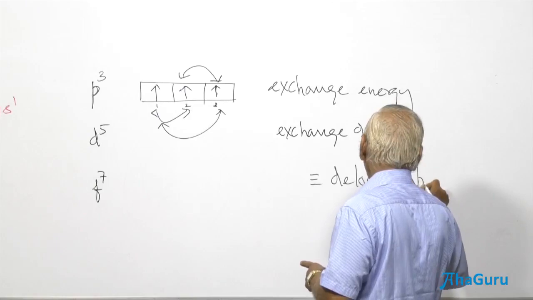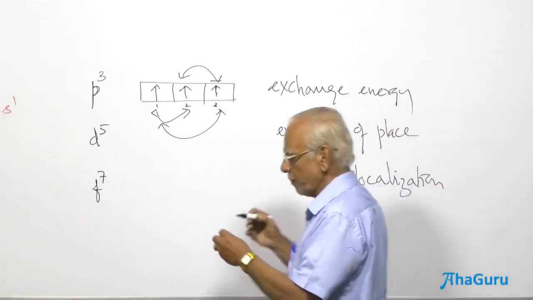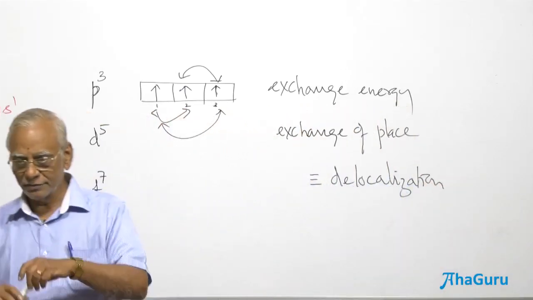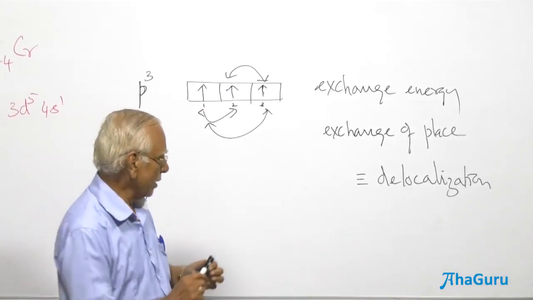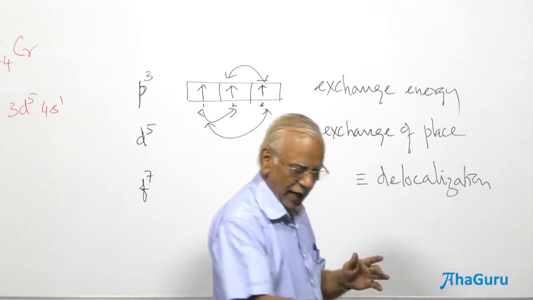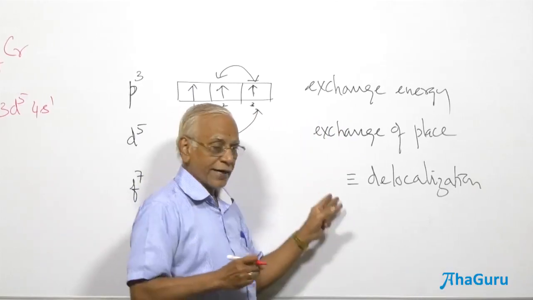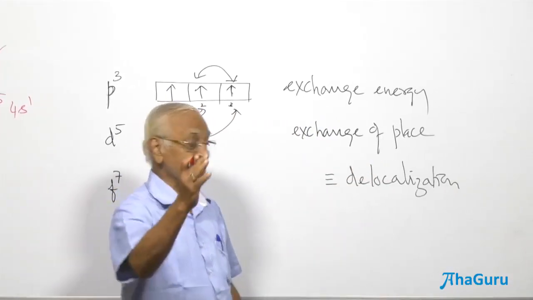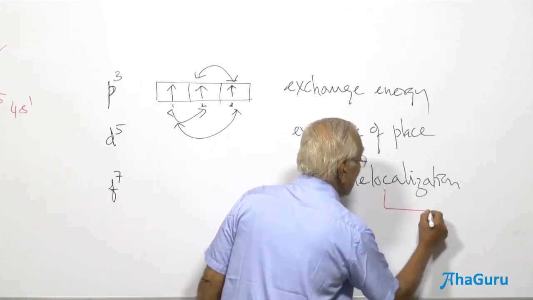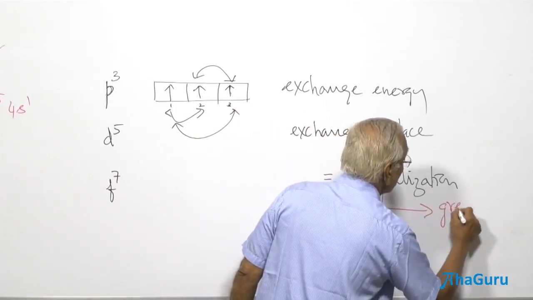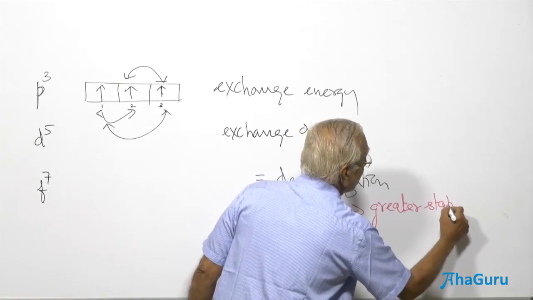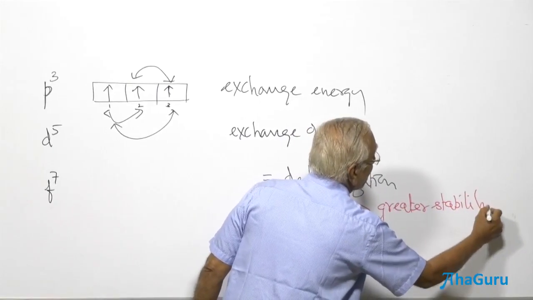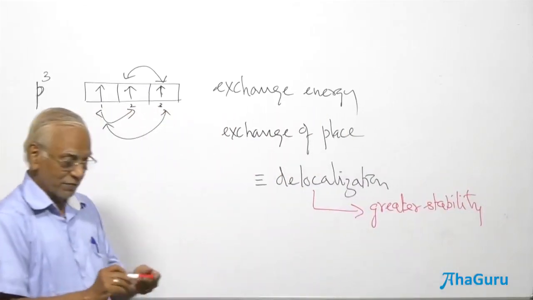A very, very important concept we will be using repeatedly in organic chemistry. And the point to be highlighted, greater the delocalization, greater the stability. Delocalization leads to greater stability.